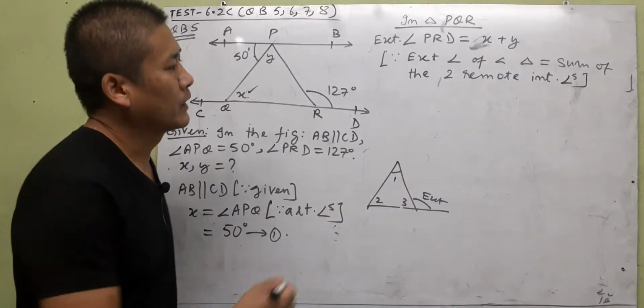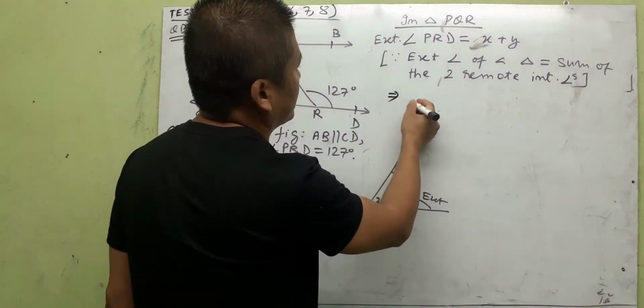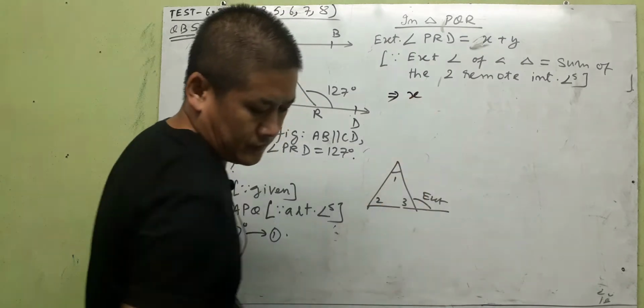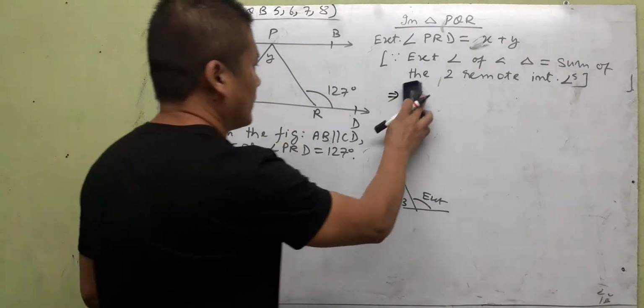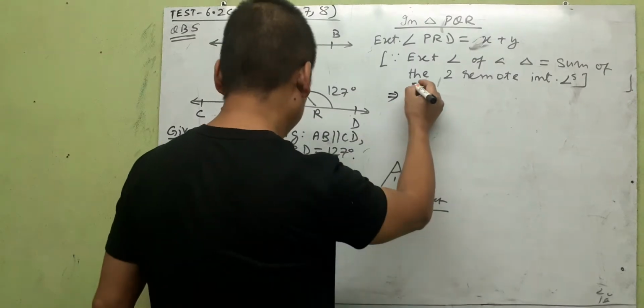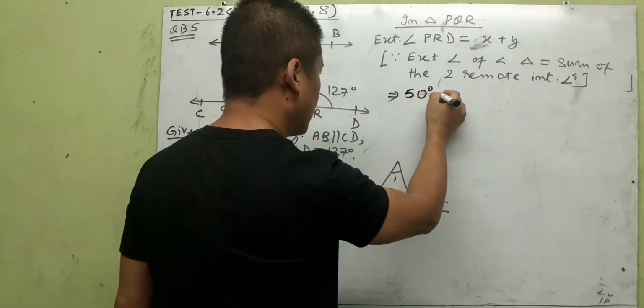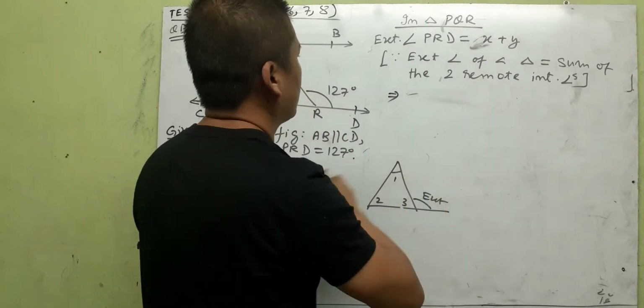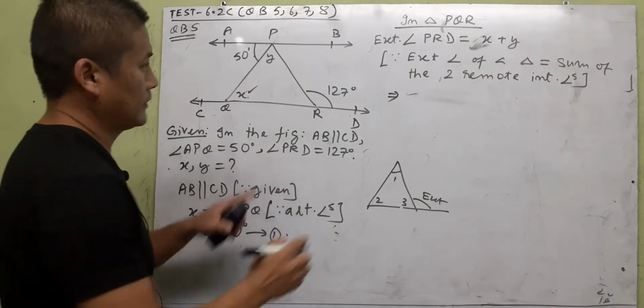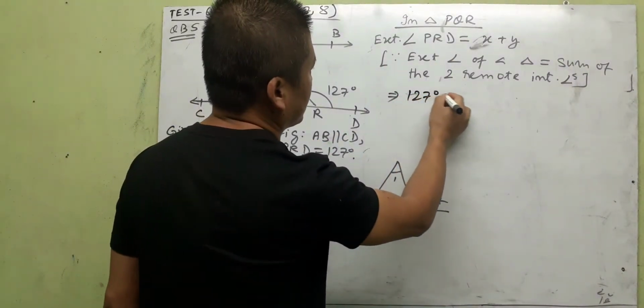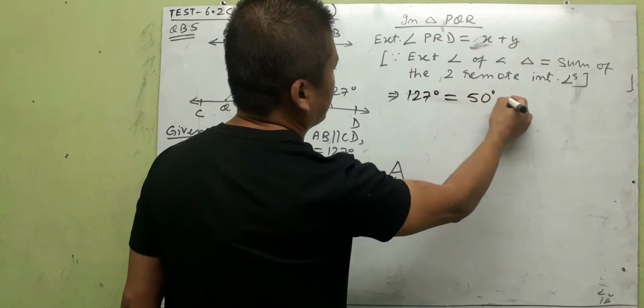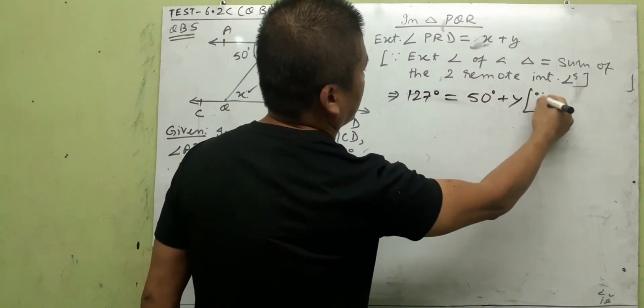That's a theorem. So we can write here, that gives you X plus Y, where X can be written as 50 degree, or you can just go the way you like it. PRD is given already here, 127 degree is equal to X, which is 50 degree, plus Y, which is the only quantity we don't know now.